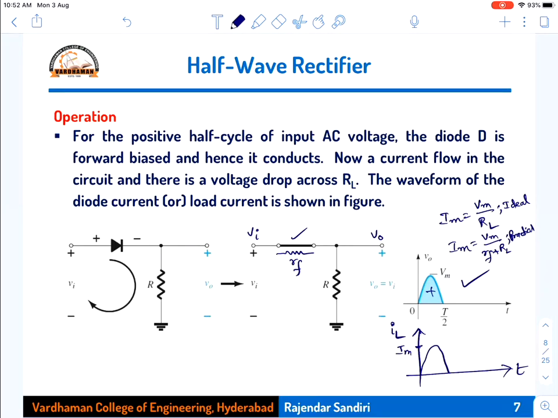If the diode is practical, then it will have its internal resistance, therefore Im is equal to Vm by Rf plus RL. The diode internal resistance also we have to consider, which is in series with the load resistance RL. So Vm by Rf plus RL is the relationship between Im and Vm.